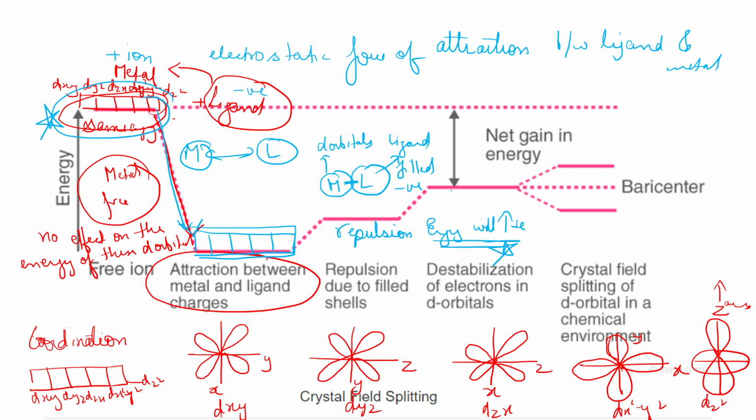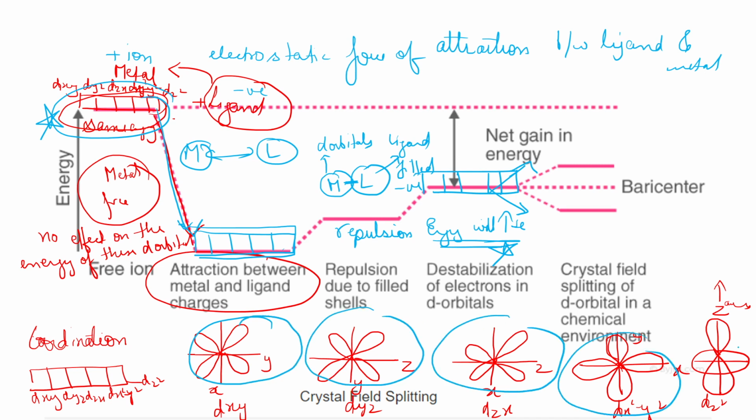Energy will increase. Now there will be splitting of energy. Why does the energy get split? There are five kinds of d orbitals. Some d orbitals are in between the axes and some are on the axes. Those in between the axes will be repelled less. So for dxy, dyz, and dzx there will be less repulsion.